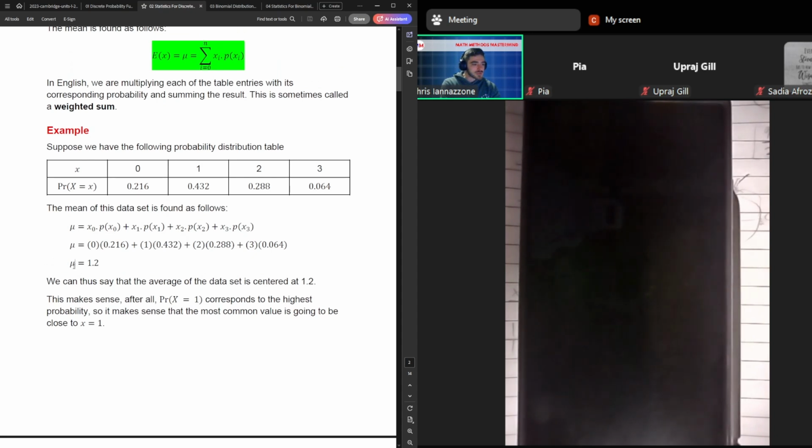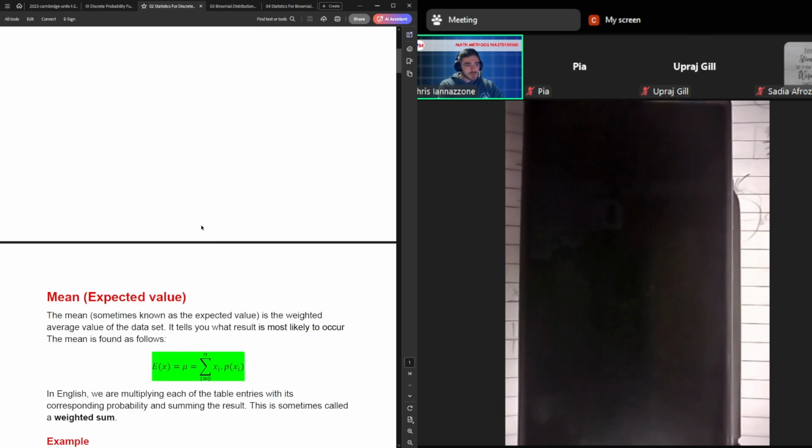Now, what did we actually do by calculating that? Well, we're basically seeing where the average result is going to be, weighted together. So we can say that approximately all the data, or whatever the probability is, is centered at roughly 1.2. Now, that's not a perfect representation of what the mean is, because there are things that could make that weird, but it's a statistic that can help us, right?